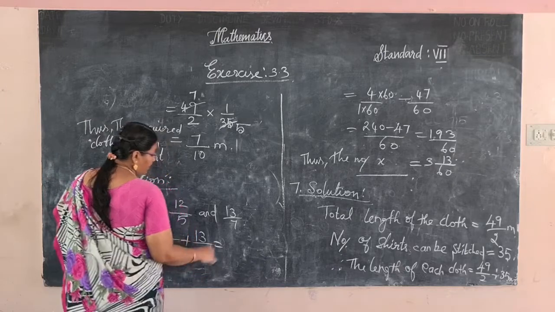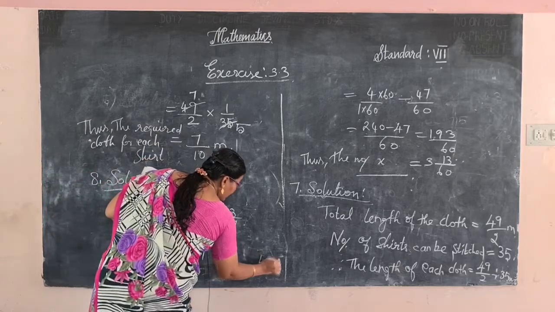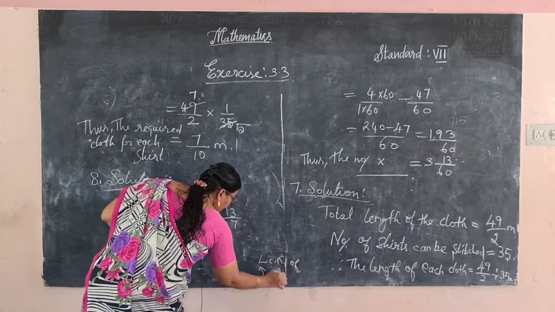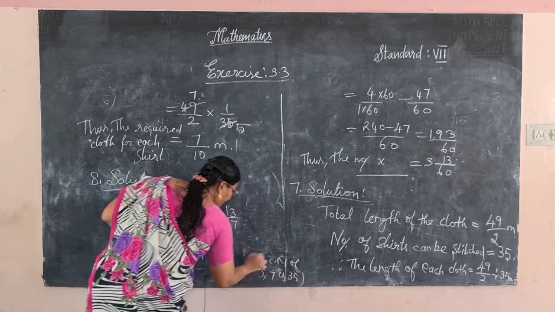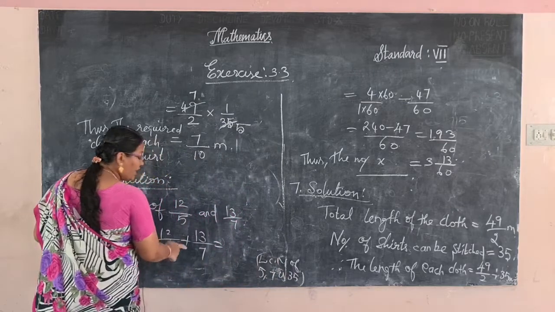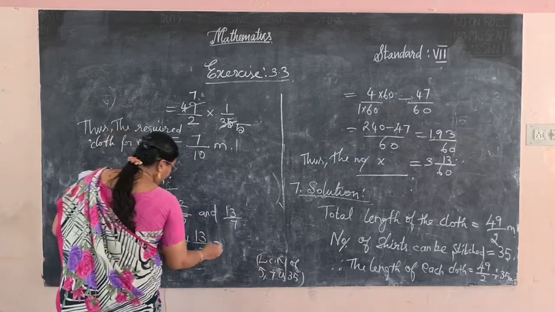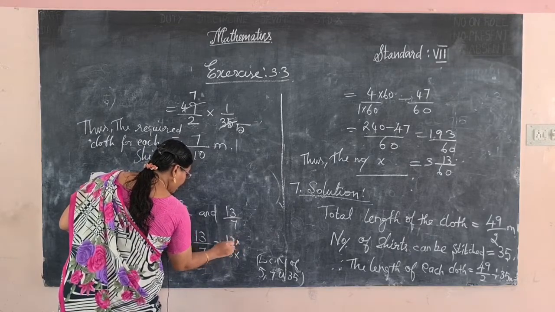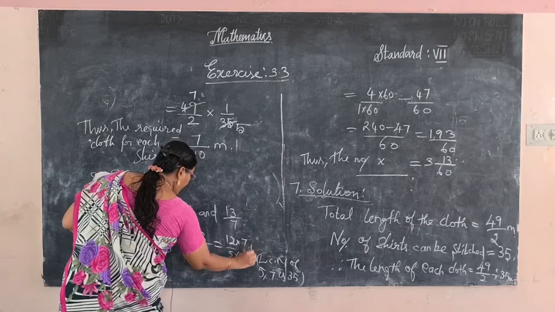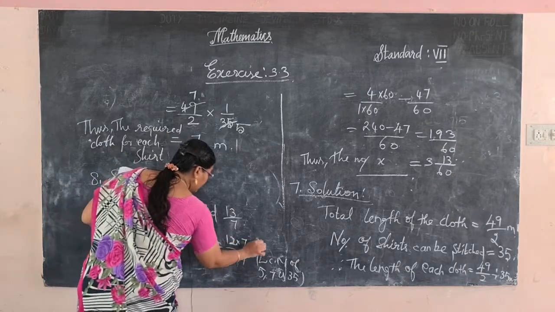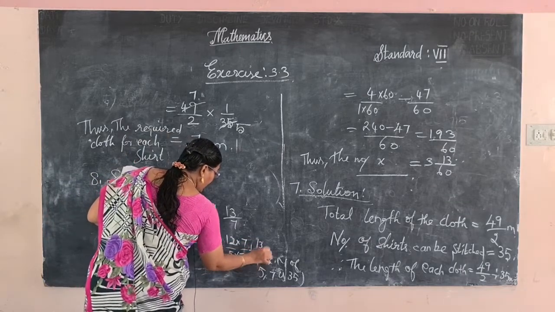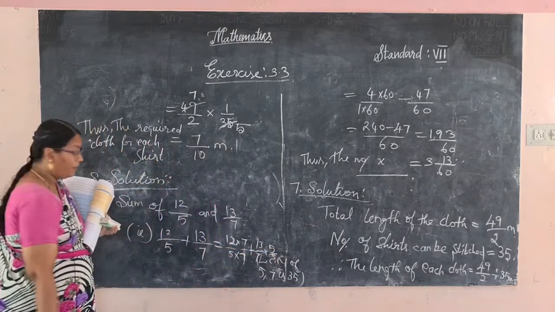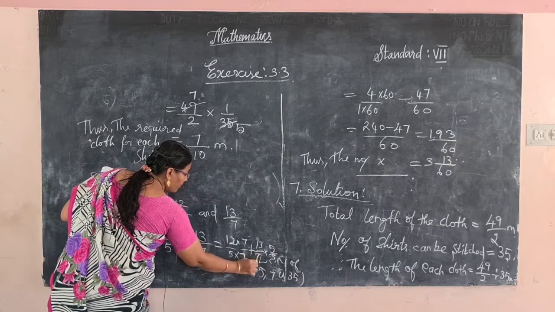LCM of 5 and 7 is 35. So for 12 by 5, numerator and denominator multiplied by 7, plus here 13 by 7, numerator and denominator multiplied by 5.